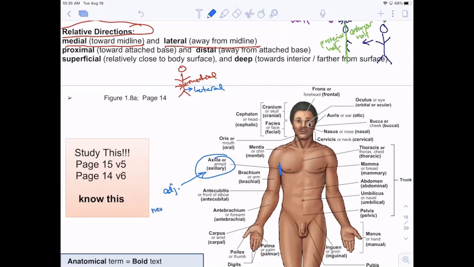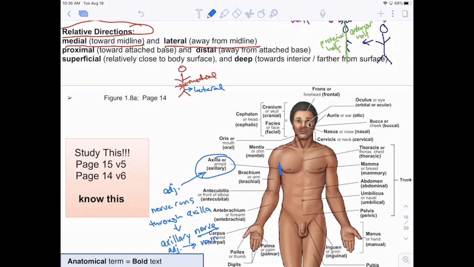If a nerve runs through that region, then we refer to that nerve as your axillary nerve. The nerve is the noun, right? Because that's a thing. Axillary is the adjective describing where that nerve is located. So that's the difference between the bold and the bold in parentheses.